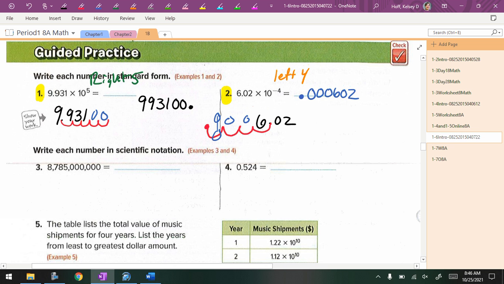Wow. Turn to your elbow partner and see if they have the same thing. I like Casper. That's good. You go do number 4. Keep that one covered. You do number 4. All right.